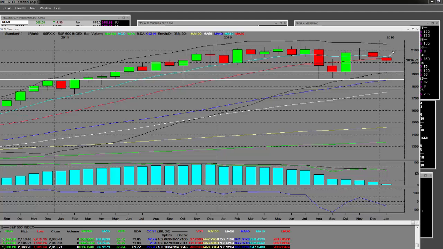This is a monthly chart and it just started. And the 10-month moving average is at 2047, and it's been violated. And yesterday, the low was 1989.68.